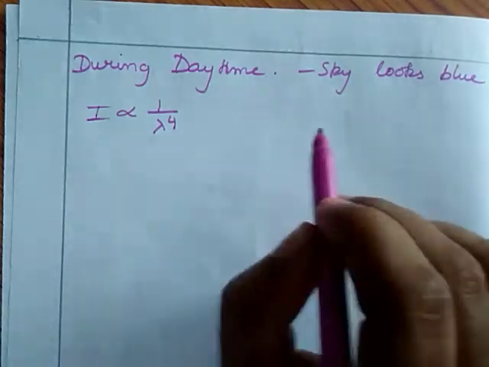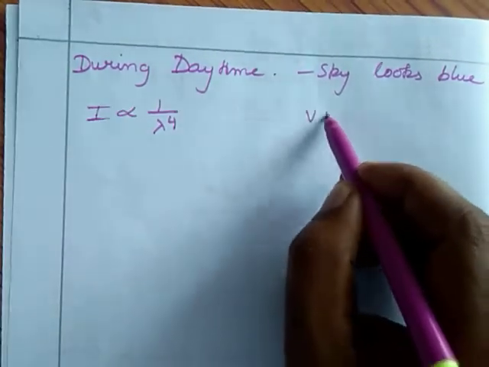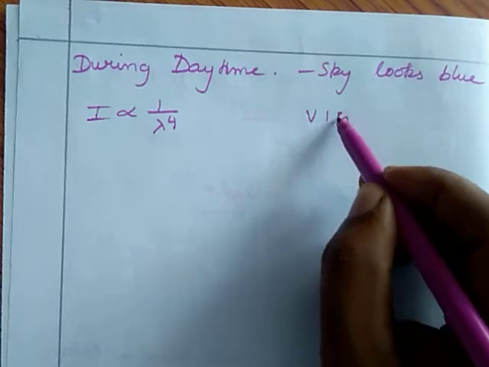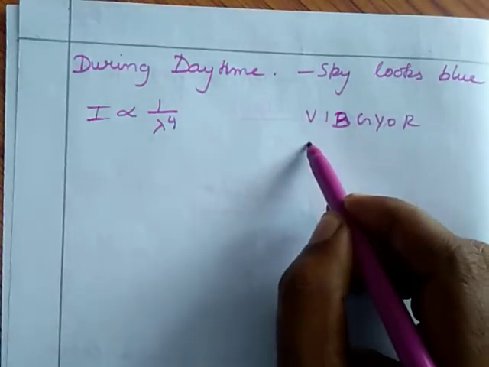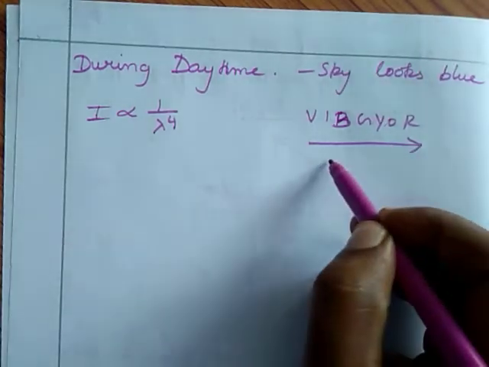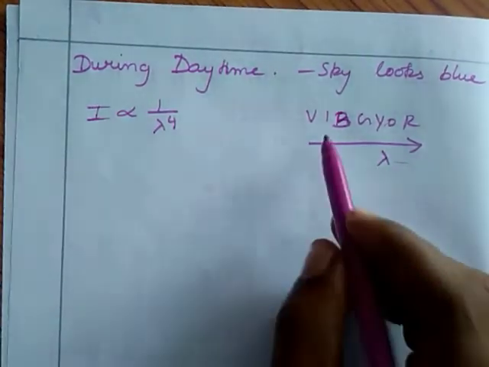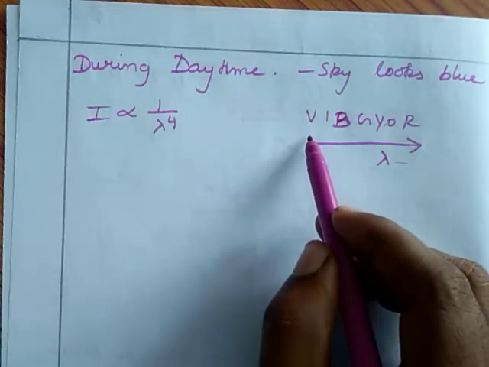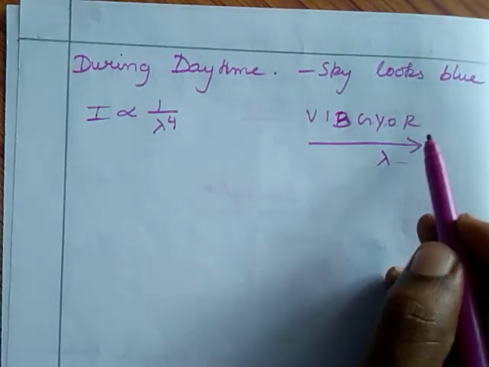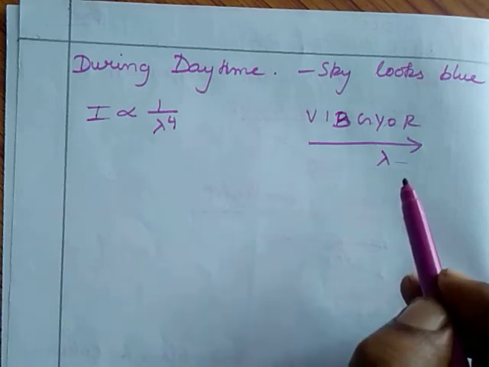Then the colors in the sunlight are indicated as VIBGYOR. It is an order that indicates the increasing order of wavelength. Violet has the shortest wavelength compared with the red. Red has the longest wavelength.